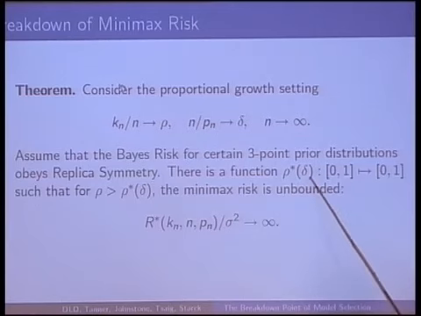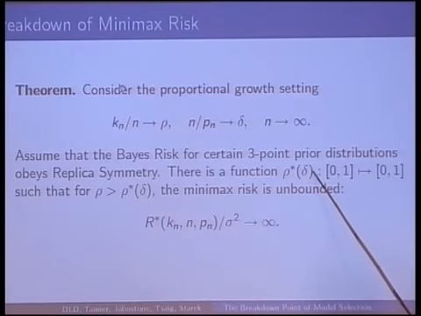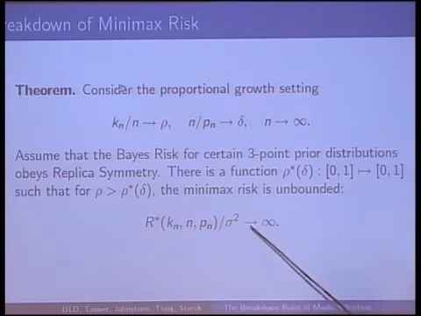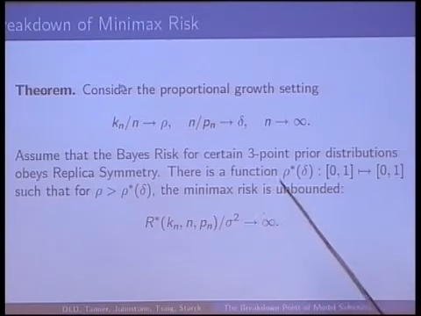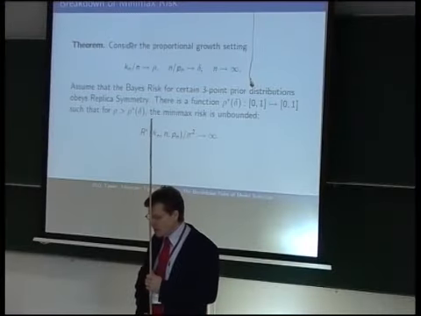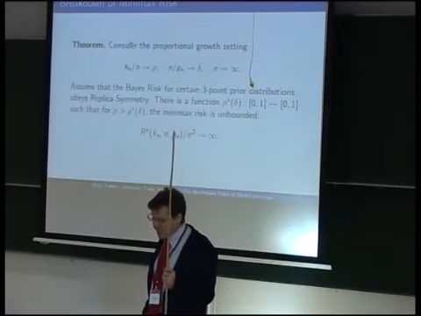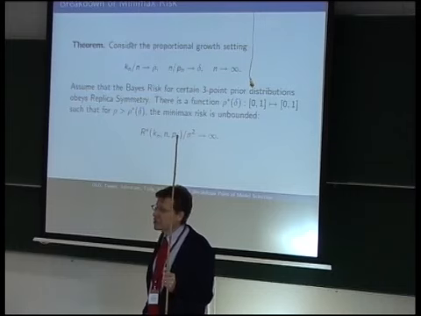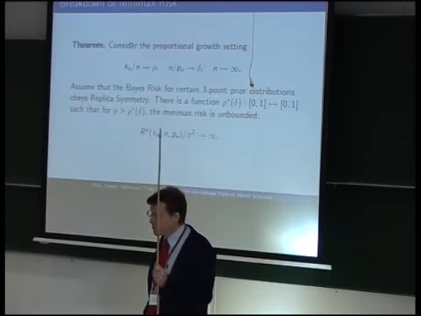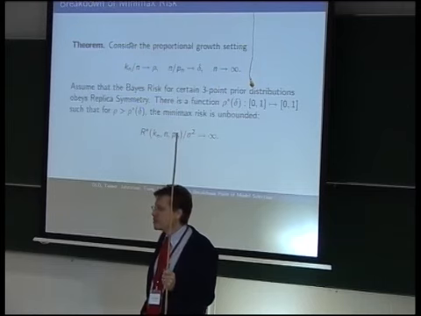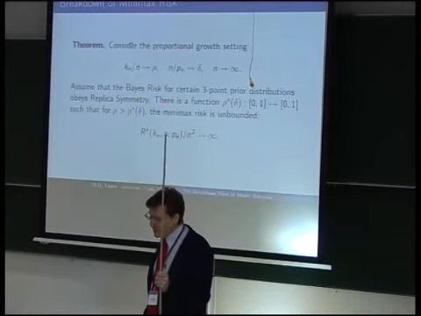There's a particular function, which is going to be described later, such that if you're in the domain of the parameters above that boundary curve, the minimax risk is unbounded. And so in the standard way that frequentist statisticians would look at it, it's like, don't go there. You can't do this problem. You really can't. Doesn't matter what algorithm, there's no measurable function of the data that's going to get you anywhere.